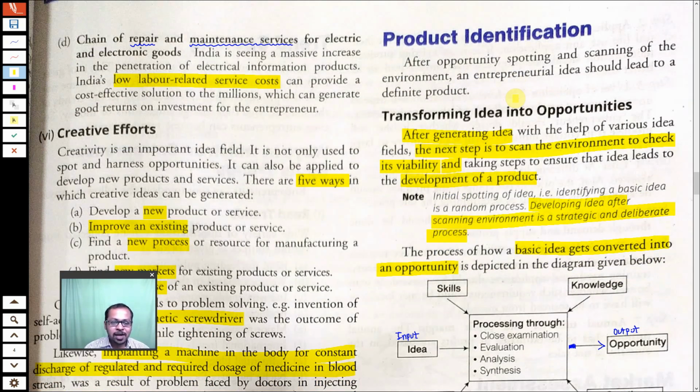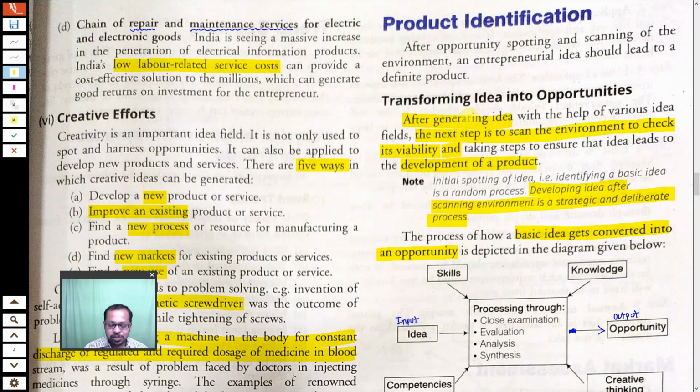But after you get the idea, there is also a need to properly transform this idea into opportunities. So after you generate the idea, the next step is to scan the environment. Why? Because that idea may or may not be viable. So we need to scan the environment to check whether this idea is viable or not.